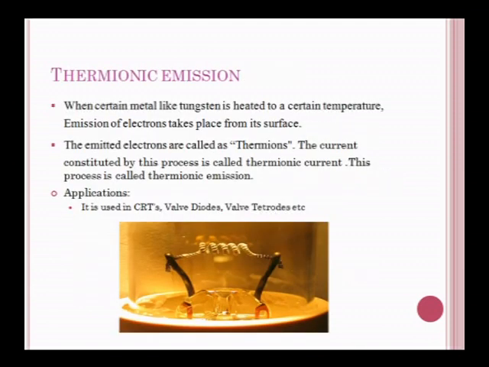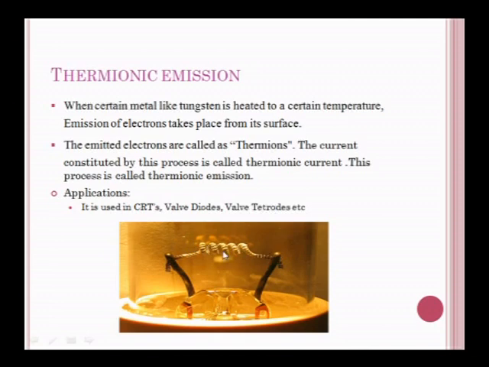Now, let us try to explain what is meant by thermionic emission. The word 'therm' is taken from thermal, 'ionic' means charged particles, and emission means ejection. Here, just look at this. This is tungsten.